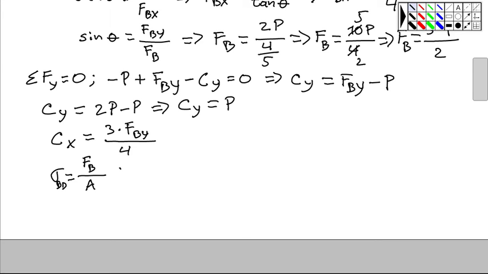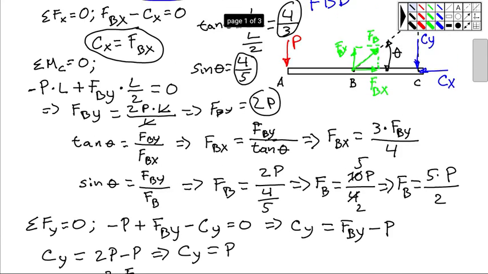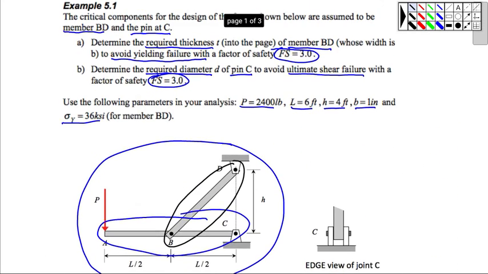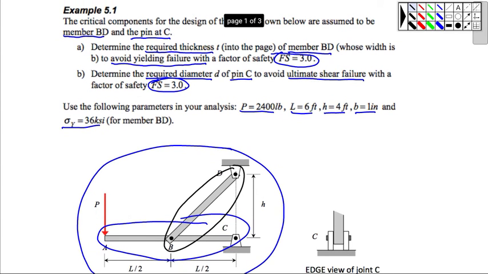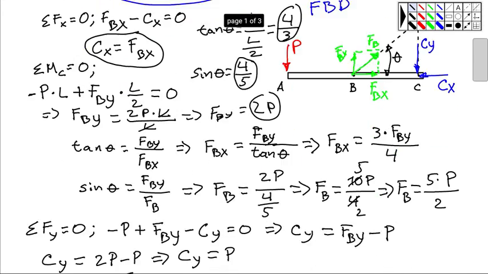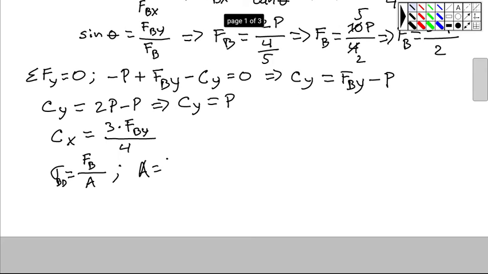We know that the area is equal to B times T, because it's a rectangular cross section.